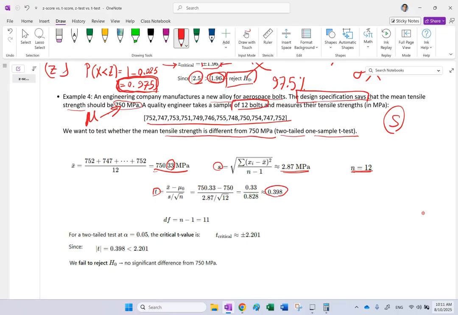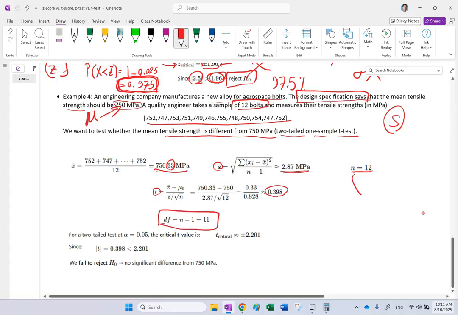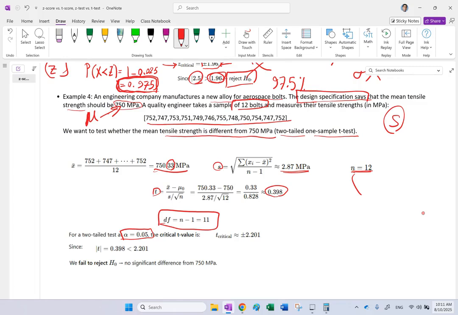Here, we have to go look at the table with n minus 1. So your degrees of freedom is n minus 1, or 11. And for 11, we are going to see what t-critical we get. We, of course, need some significance value, so we pick alpha of 0.05 like last time.